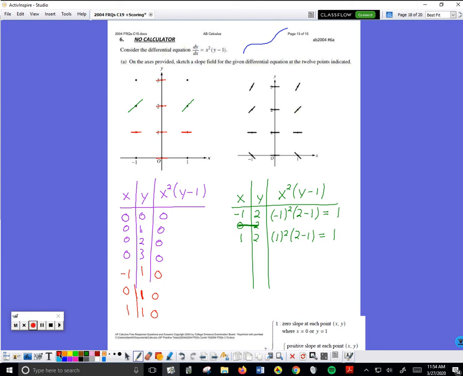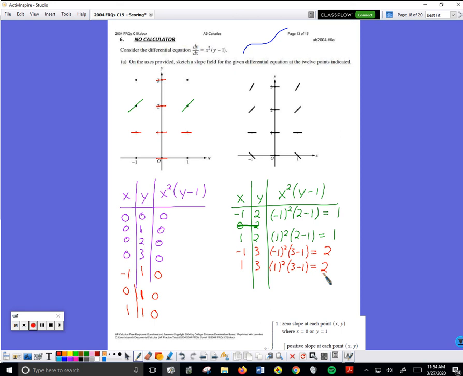Keep going. Here this is x equal negative 1, y equal 3. So that's negative 1 squared, 3 subtract 1. It's 1 multiplied by 2, which is 2. Plug in a 1, comma 3, same result. Again, you do not need to show work. I'm just doing that as an explanation.